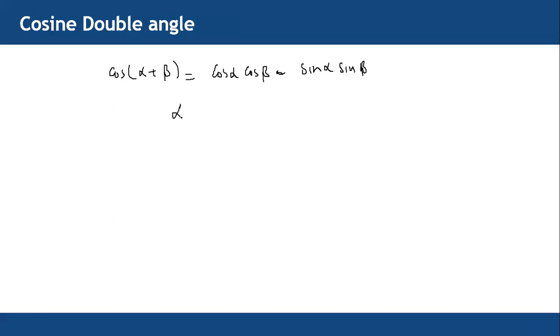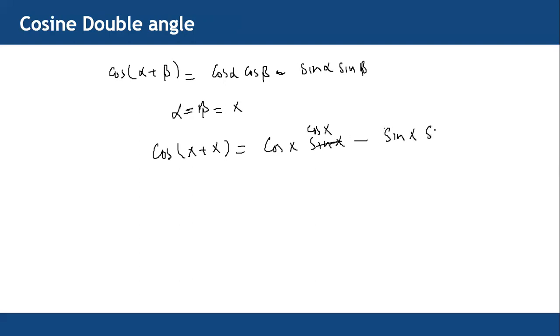When both are equal, alpha equal to beta equal to x, we have cosine of x plus x equal to cosine x cosine x minus sine x sine x. It means cosine 2x equals cosine square x minus sine square x. So you can replace cosine or sine.